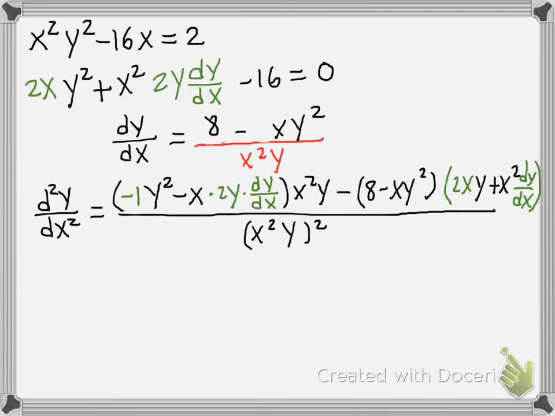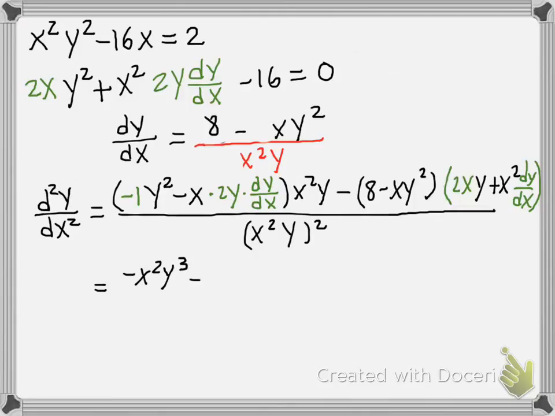Now we just need to simplify. When we simplify, we distribute each factor. So negative 1 y squared times x squared y, we get minus x squared y to the third power.